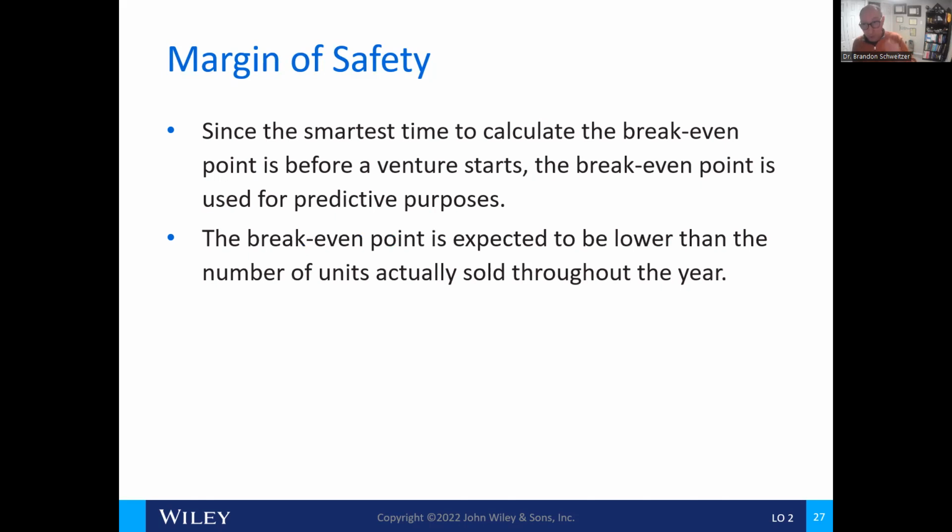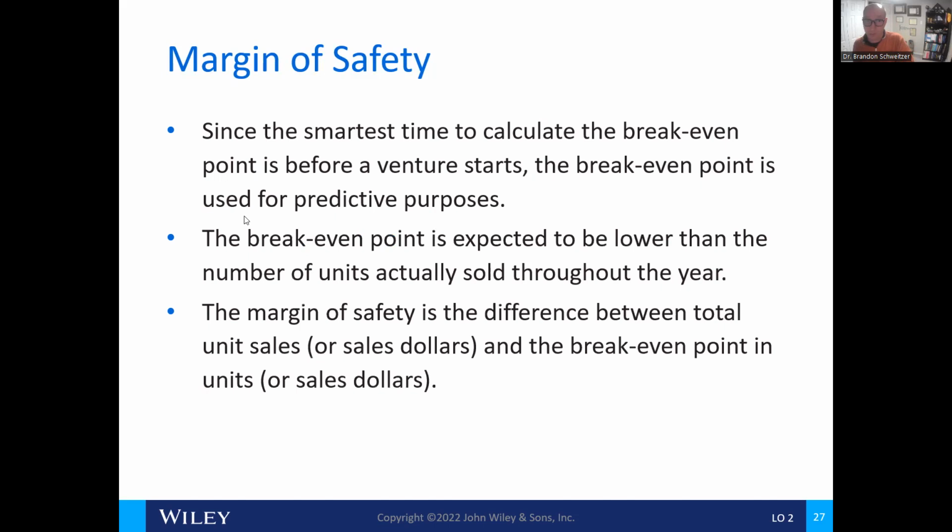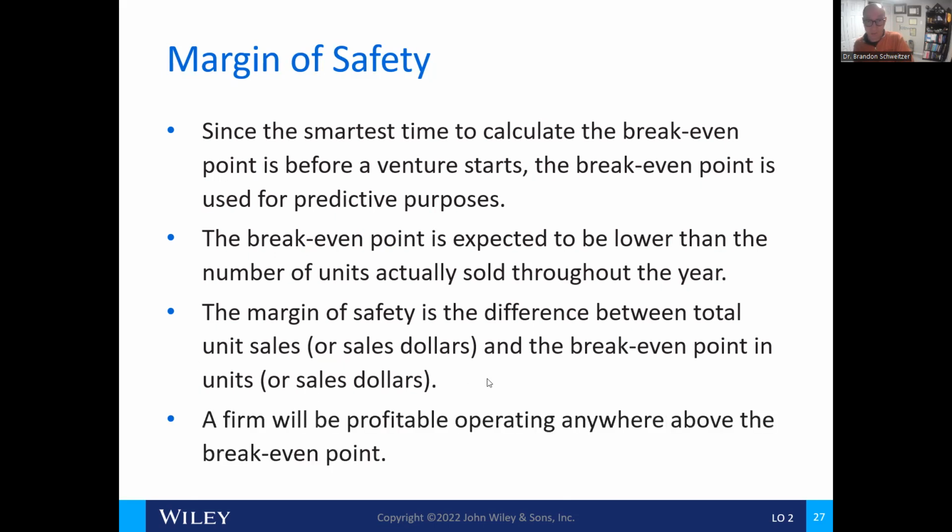Break-even point should be lower than the number of units actually sold throughout the year. Margin of safety is the difference between the total units in terms of sales or sales dollars and the break-even point in terms of units or sales dollars. A firm will be profitable operating anywhere above the break-even point.